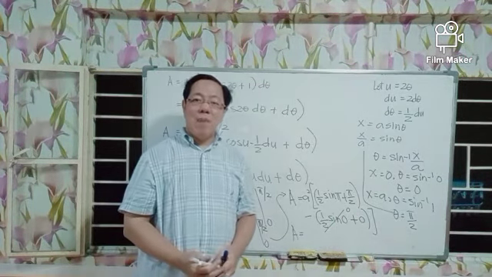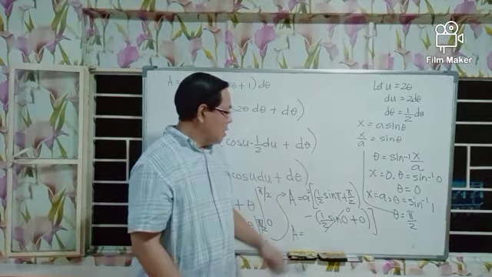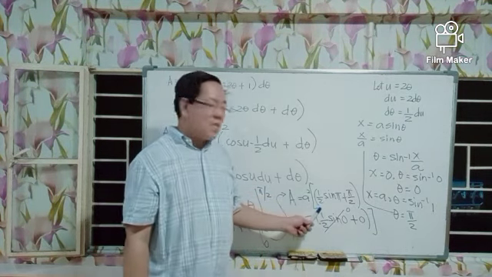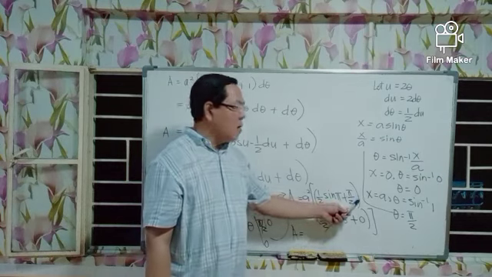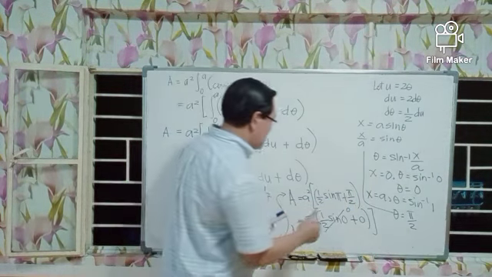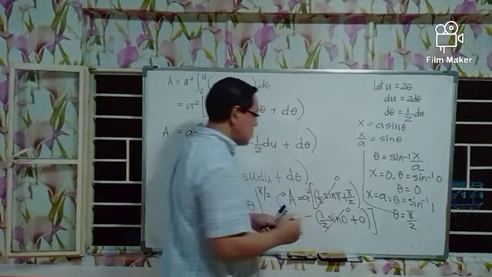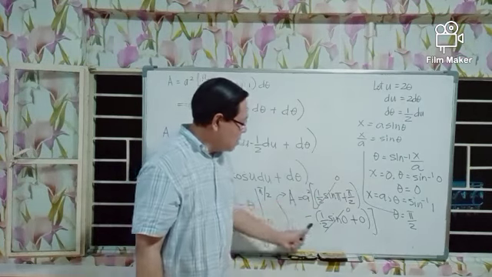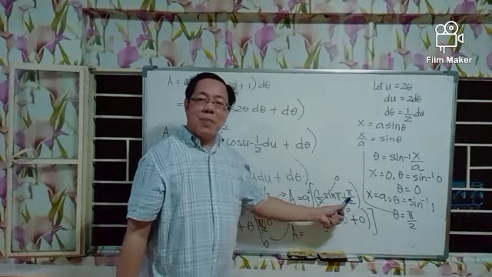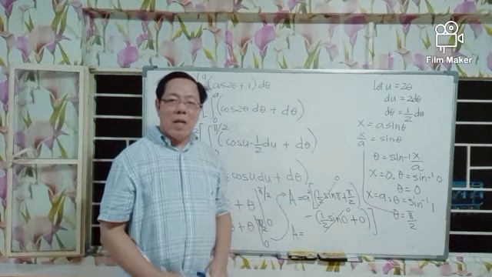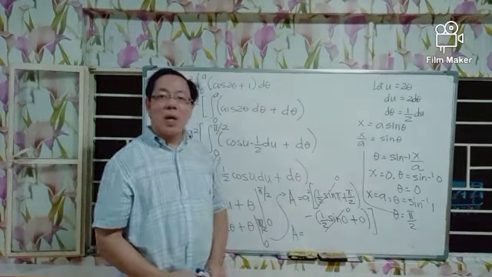Also, the sine of pi is 0, and 0 multiplied by 1/2 is 0, and 0 plus pi over 2 is pi over 2. Hence, what remains in this difference is simply pi over 2 multiplied by a squared. You get 1/2 a squared pi.